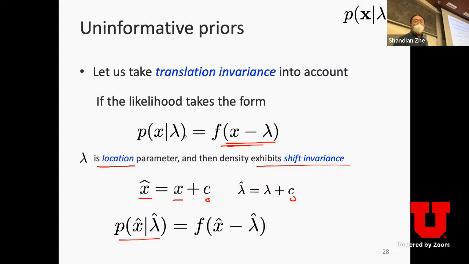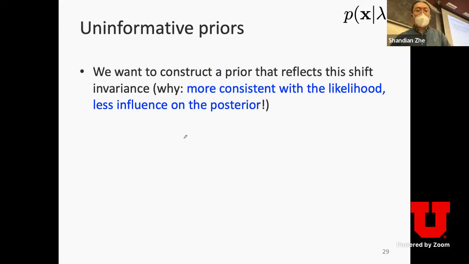So now we want to construct a prior that reflects this shift invariance. Why? Because we want this prior to be more consistent with the likelihood. Remember, we want our prior to have as little influence on the posterior as possible.